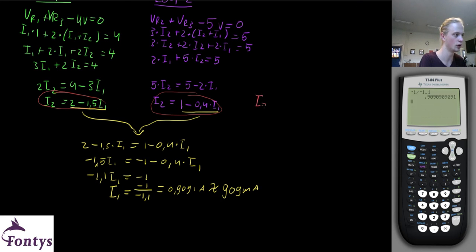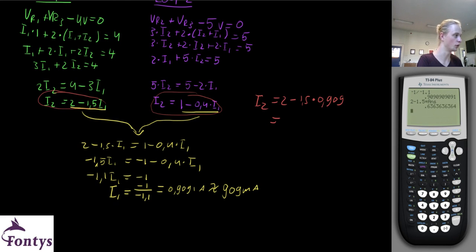So you get I2 is equal to 2 minus 1.5 times I1, which is 0.909. Now we can just type that into our calculator. You get 2 minus 1.5 times, and I've still got the previous value in my memory, so I'm just going to do it like this, and then press enter.